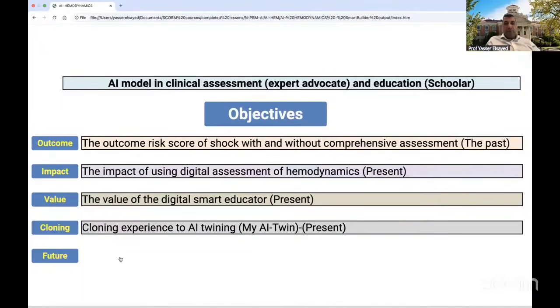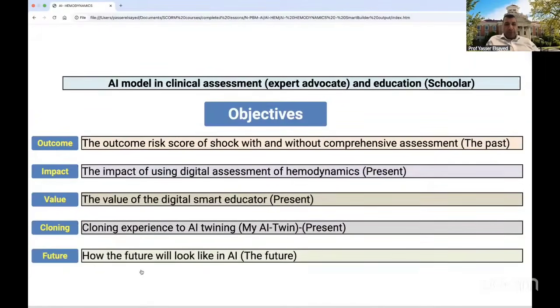Now, let us talk about the future. What you need to do, what we are expecting in the future. The future of neonatal intensive care.